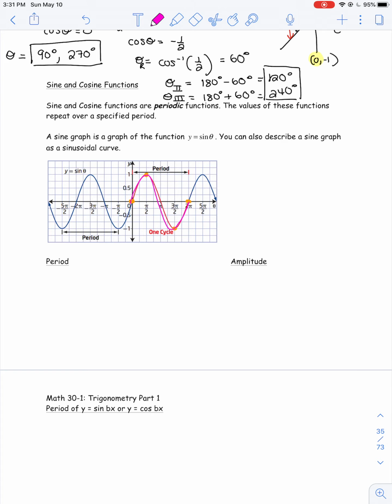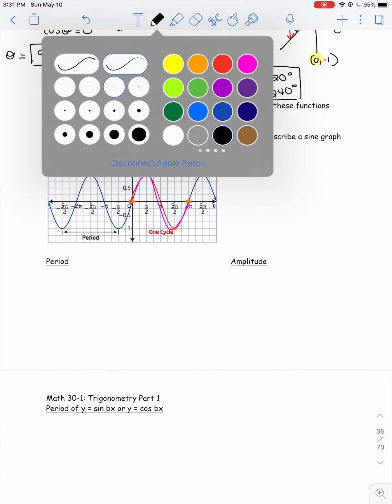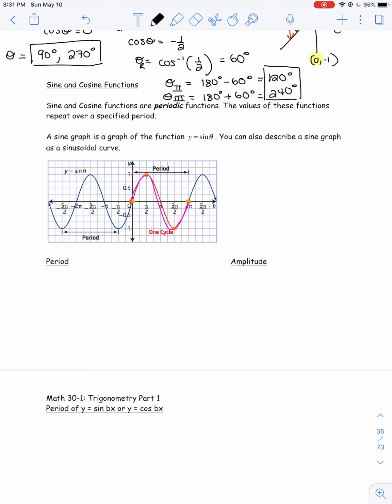What we want to remember is that the period is the length of the interval of the domain over which a graph repeats itself. So we're looking at the domain and asking, how long does it take for the graph to repeat itself and start all over again?